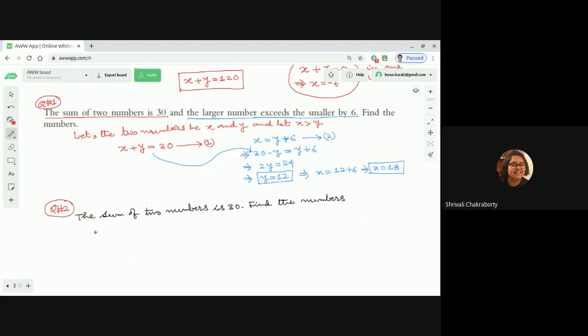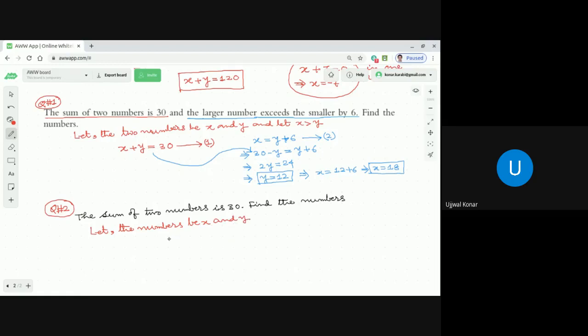So, if we assume the numbers be x and y, sometimes on the digital board I face problems in writing x and y. Let the numbers be x and y.